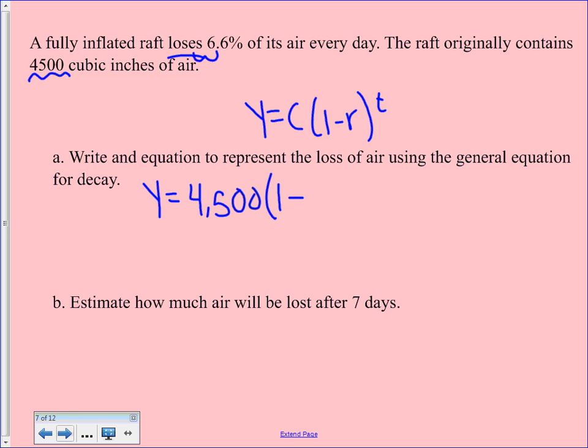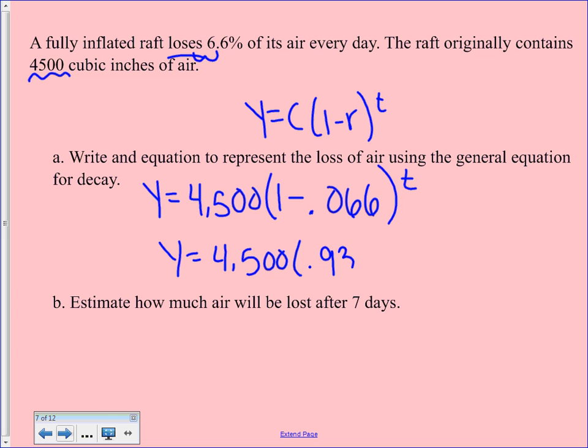So you're going to move that decimal point over 2 places. And then you're going to raise that to a t power. We don't know what the time is yet, so we're going to leave it at t. The last thing I want to do is simplify what's in that parenthesis. And when I do that, I'm left with 0.934 raised to the t power.